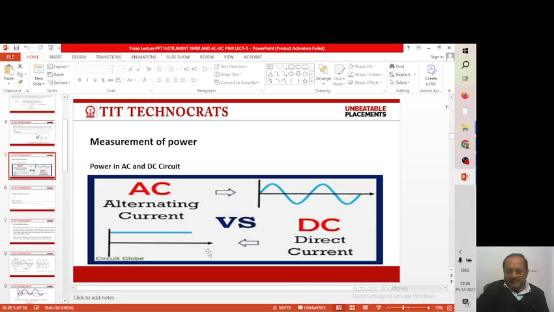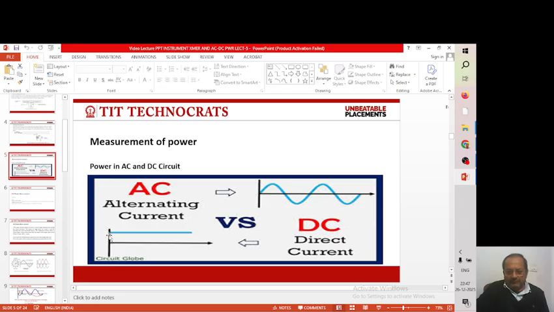So direct current, the waveform is a straight line, because DC has a fixed voltage and the current may vary according to the load, but the voltage is fixed.